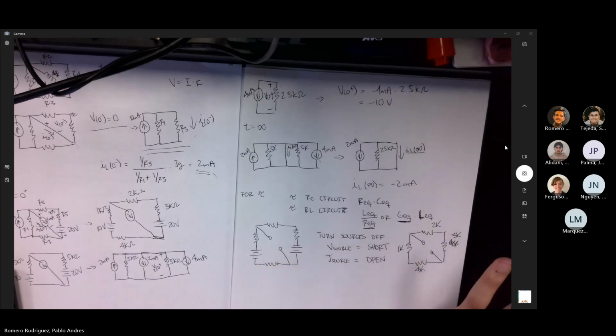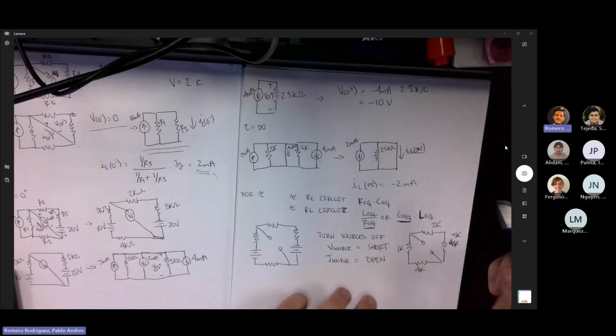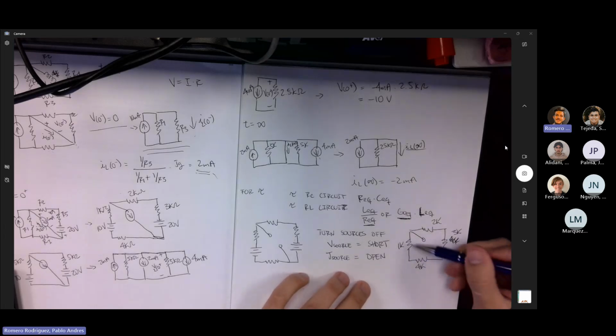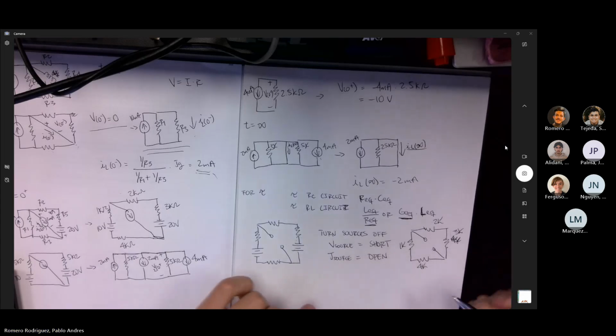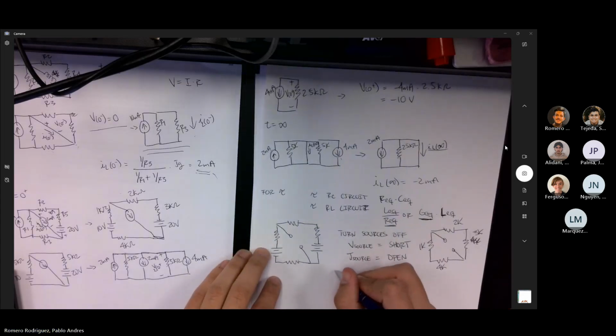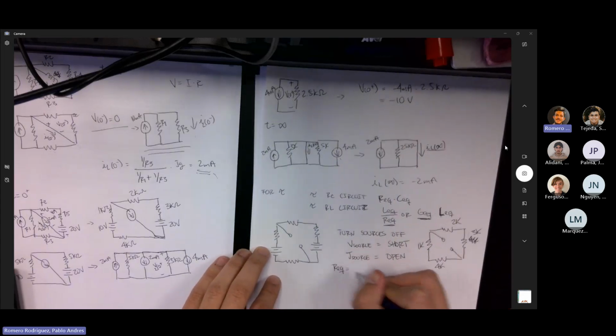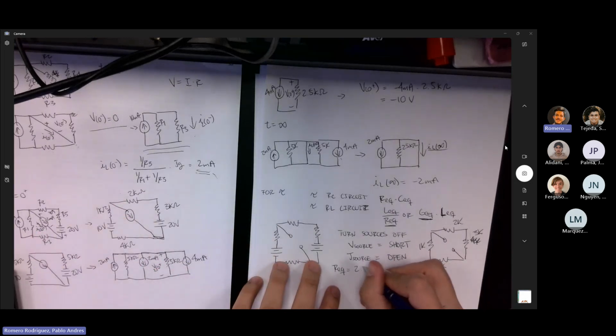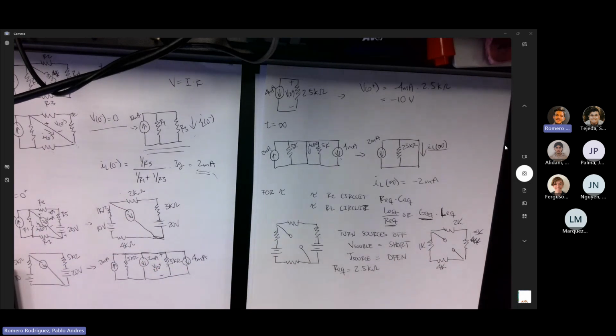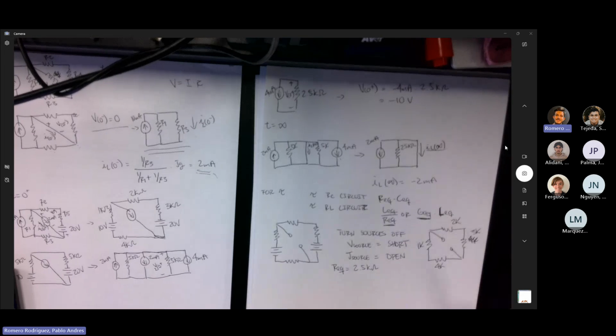Right? So this is very similar. It's just these two in series, and then paralleled, right? So equivalent resistance is going to be 5K and 5K in parallel, which we ended up already saying that's 2.5K, right?